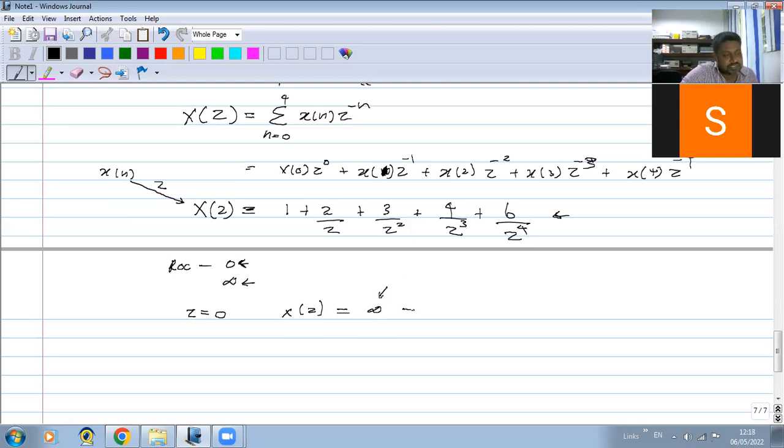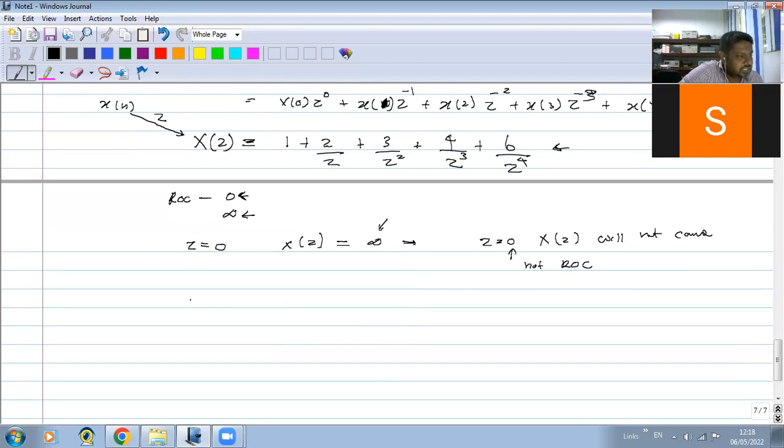So when Z is equal to 0, the X(z) will not converge. So Z equal to 0 is not in the ROC, it is not in the region of convergence. Correct?